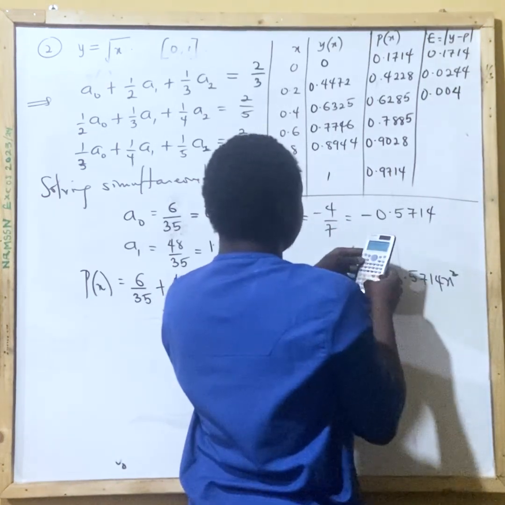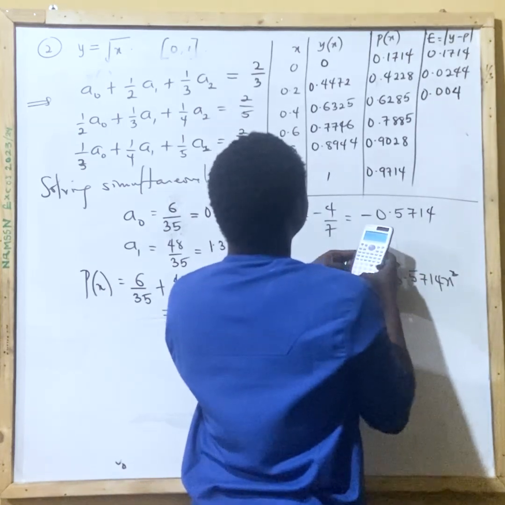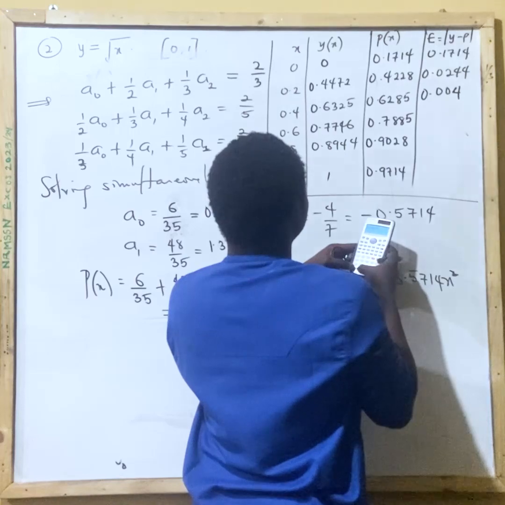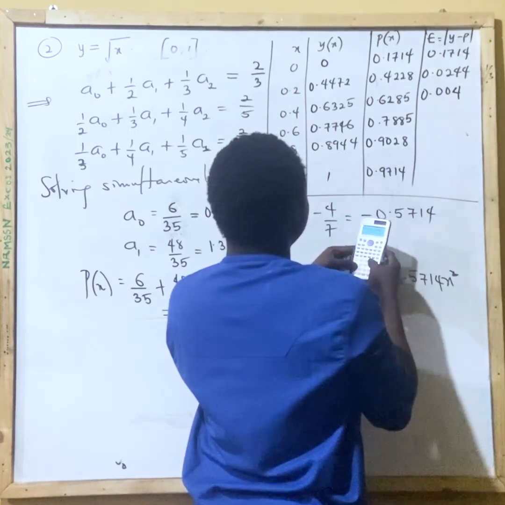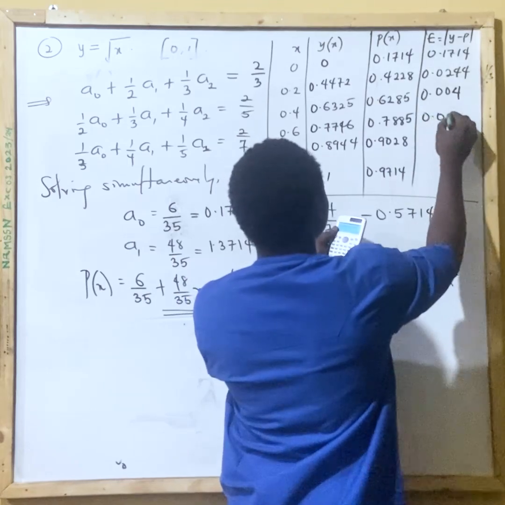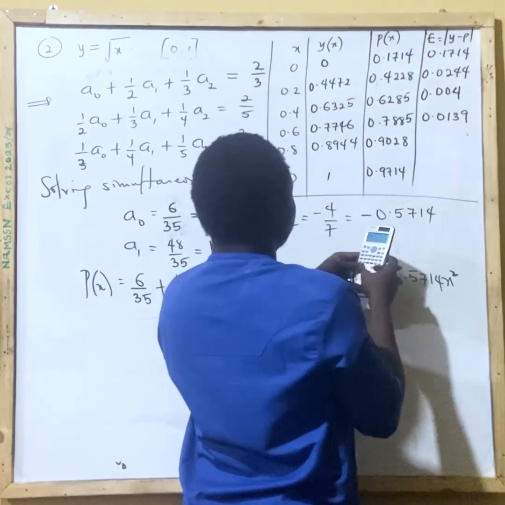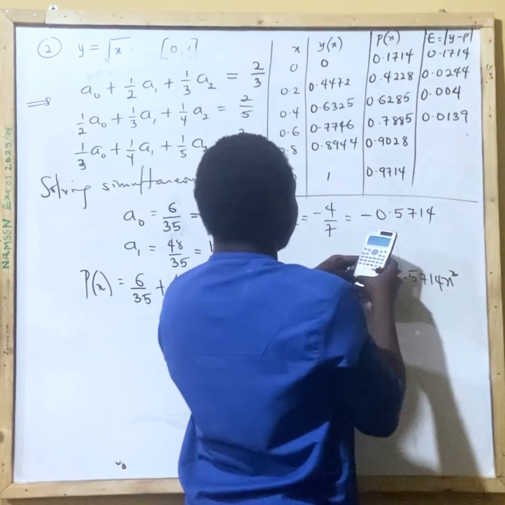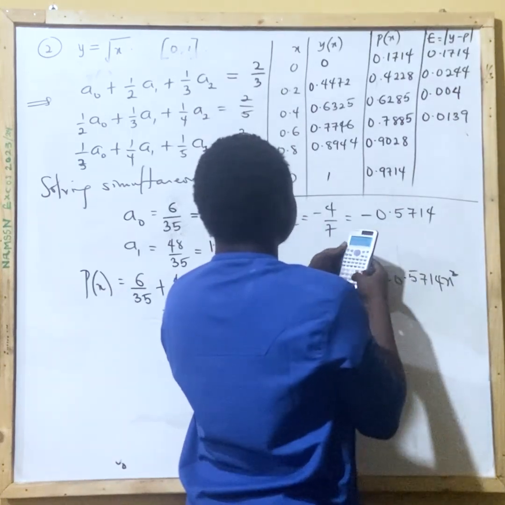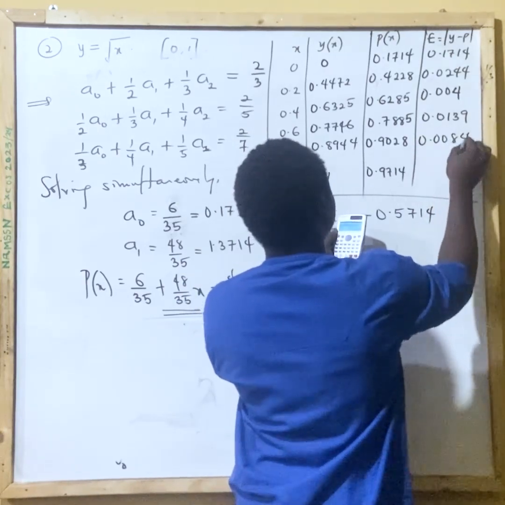The next one, 0.7746 minus 0.7885. This is 0.0139. 0.8944 minus 0.9028. This is 0.0084.